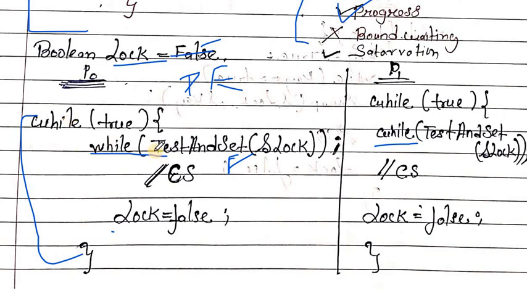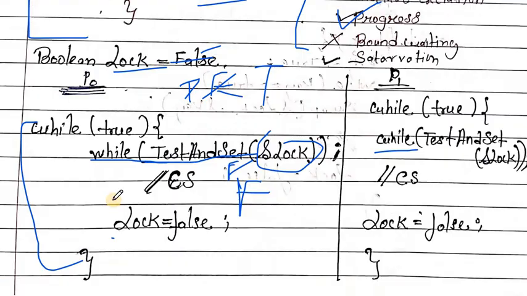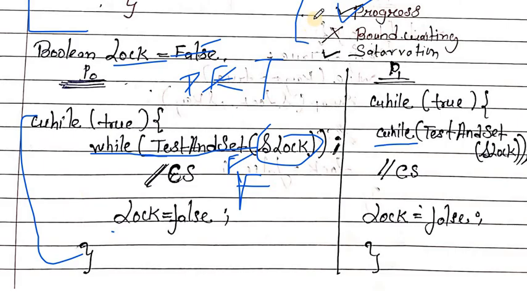So while test and set lock returns the current value false, and makes it true. Now P0 is in the critical section again. Here the bounded waiting condition is false, because after executing the critical section, P0 again comes to execute the critical section.